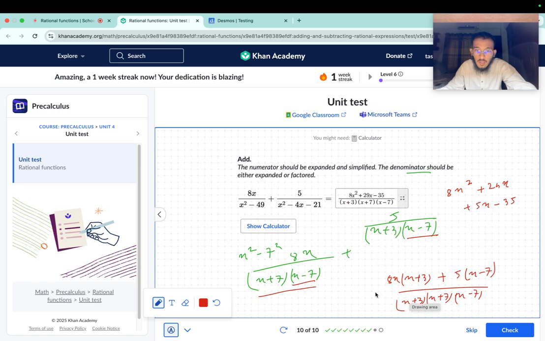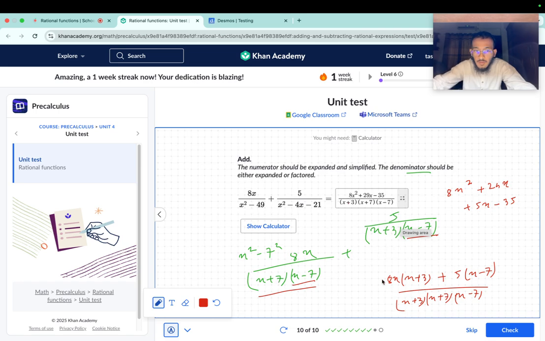When we take the LCM, we take x minus 7 once, x plus 7, x plus 3. And 8x should be multiplied with x plus 3, and 5 should be multiplied with these things that are already present, so x plus 7. Oh, here is the mistake.